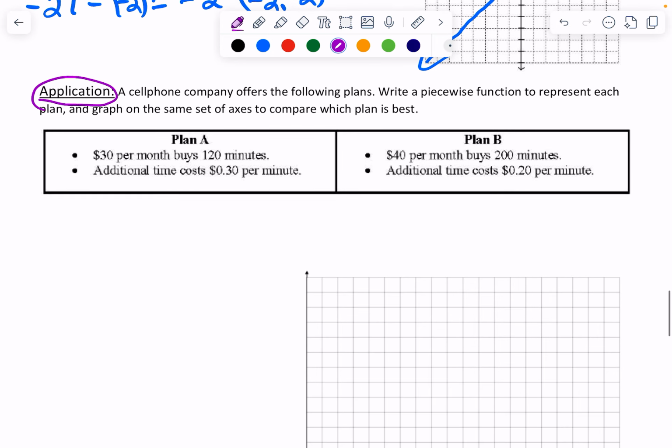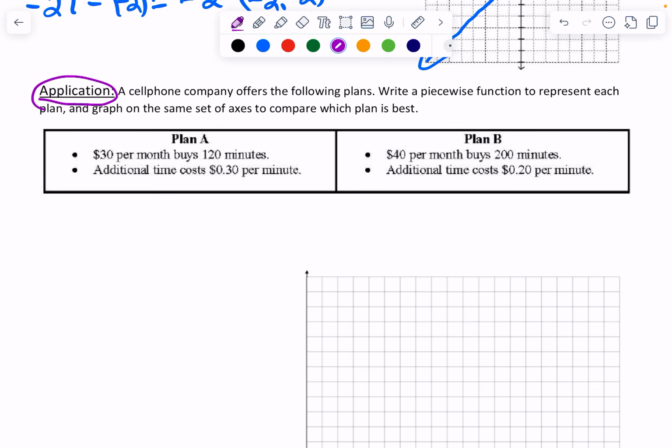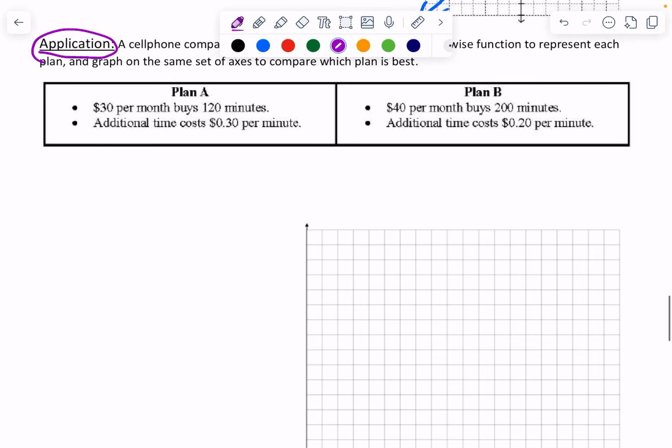We have a cell phone company that offers the following plans. Write a piecewise function to represent each plan and graph on the same set of axes to compare which plan is best. We have a plan A and we have a plan B. Okay, for plan A, $30 per month buys 120 minutes.